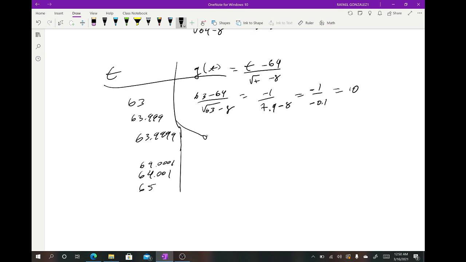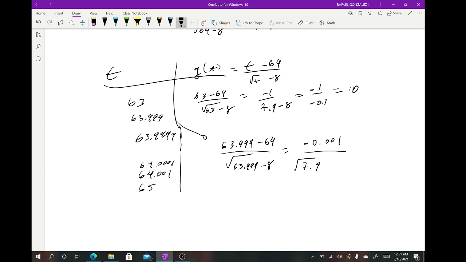Now let's say we continue on with 63.999. So if you have 63.999 minus 64 divided by the square root of 63.999 minus 8, well, what do we have here? The numerator is going to be minus 0.001, and then the denominator is going to be, let's see, the square root of 63.999. So that's 7.9 again.